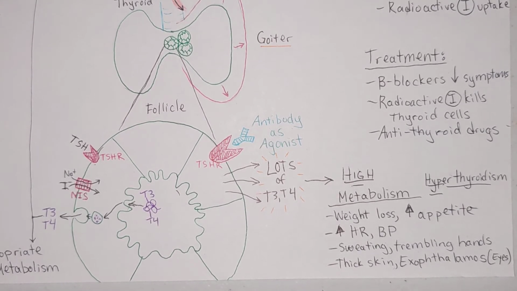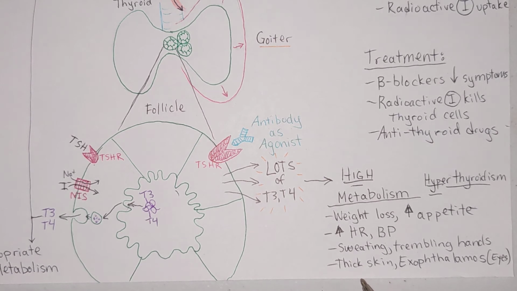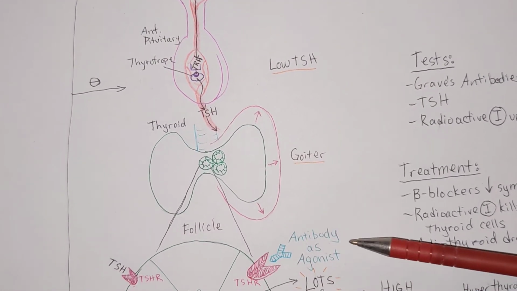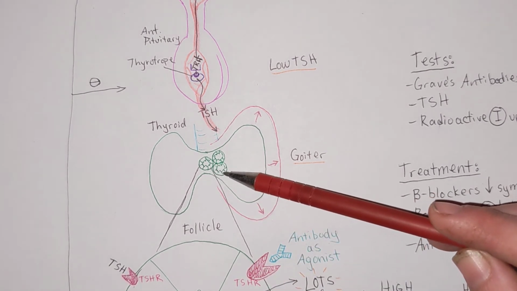These two aren't as well understood, but there is a thickening of the skin in some patients, such as around the shins, and essentially bulging eyes.